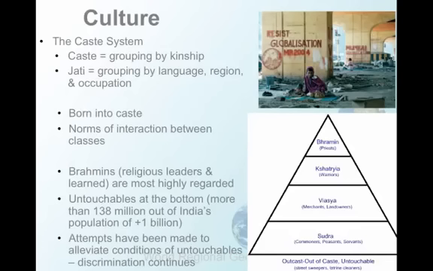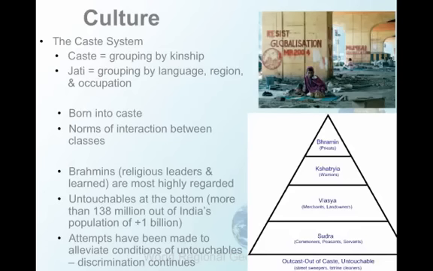In the caste system, one is born into a caste, and there are norms of interaction that are expected between classes and among class members. At the very top of the caste pyramid, you have Brahmins, which include religious leaders and the learned. They are the most highly regarded in the caste system. And at the bottom, you have untouchables.